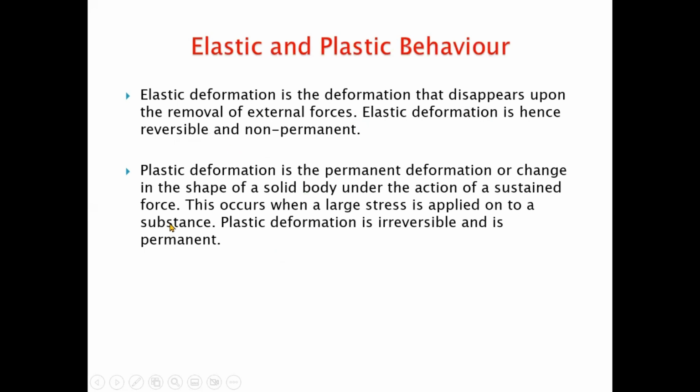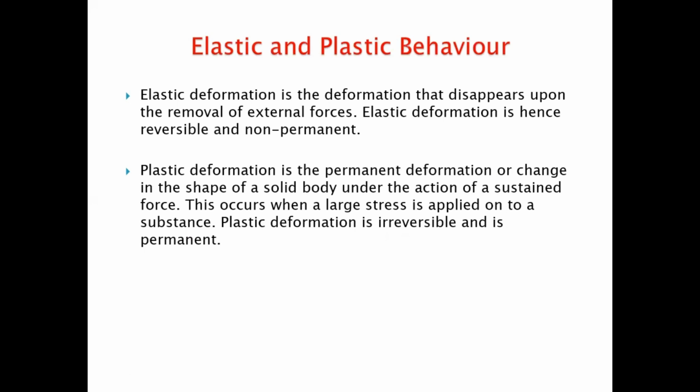On the contrary, plastic deformation is the permanent deformation or change in the shape of a solid body under the action of sustained force. This occurs when a large stress is applied to the substance. Plastic deformation is irreversible and permanent. There are two kinds of zone: elastic zone and plastic zone.